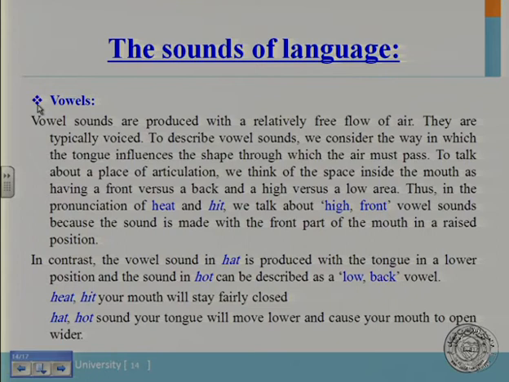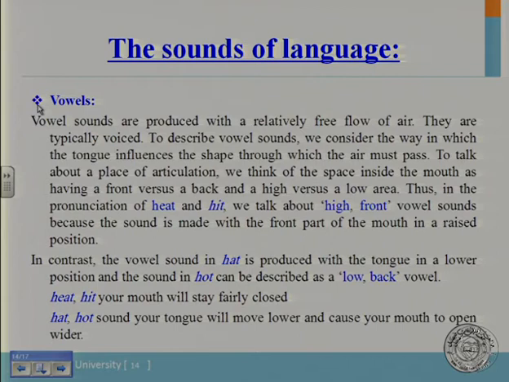They are described as position and shape. So the position is front and the shape is high. That's why when I say heat or hit, it means that the tongue is high and front.